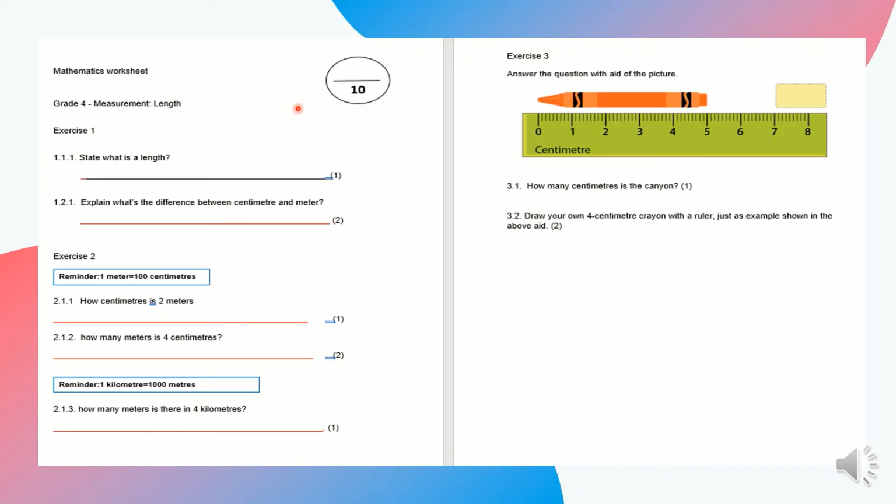Now this is a worksheet that I put together. This is assessment for learning. I'll put a tag above the difference between assessment for learning and assessment of learning. They're different things, but just to give you a bit of a recap, assessment for learning is formative.